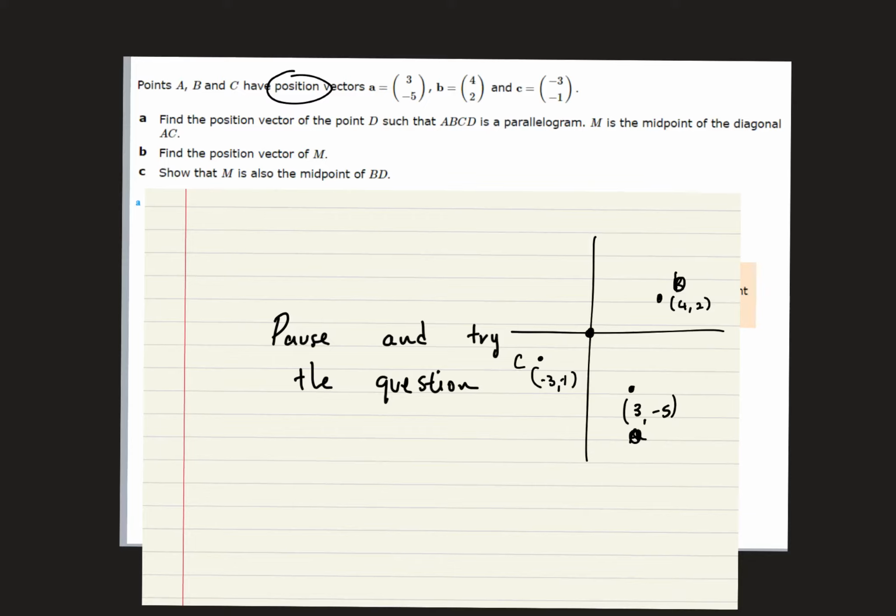Now, obviously, for me to get a parallelogram, the point could be here or it could be there. But the parallelogram is A, B, C, D, so I know that the point must be down there when I work it out. So find the position vector of D such that ABCD is a parallelogram. In order for us to have a parallelogram, I need to make sure that these two lengths are equal.